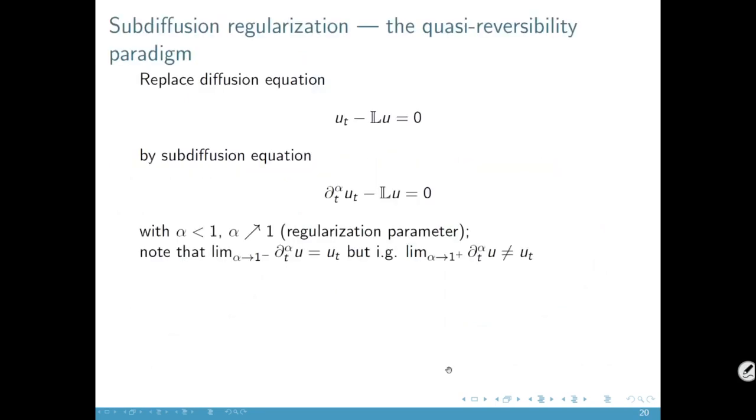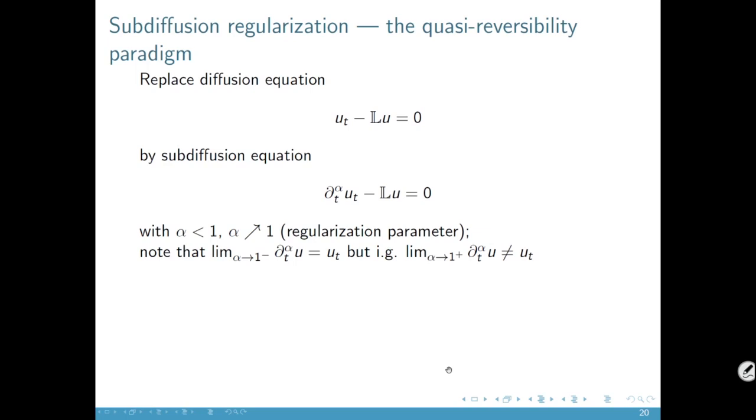So just to recall, our aim is to replace the diffusion equation by a subdiffusion equation. And now the question arises, well, we have an alpha. In order to get something which is close to this, we will let alpha tend to 1. But the question is, should we do it from the upper or from the lower side? Well, I was already talking about subdiffusion, then it should be from the lower side.